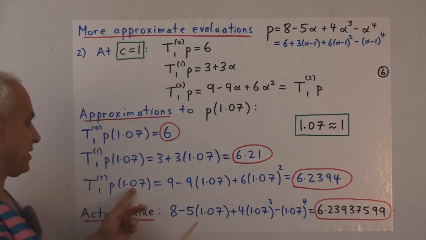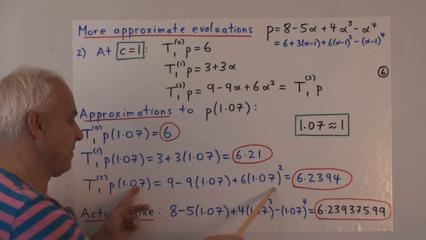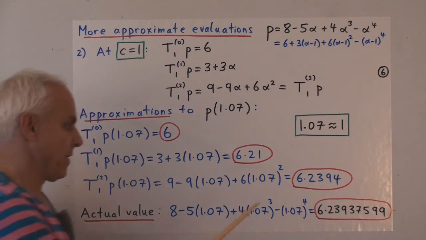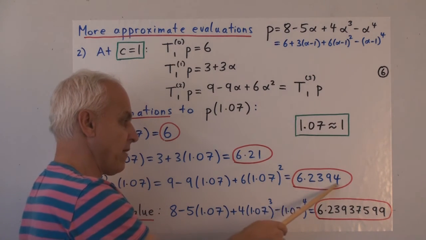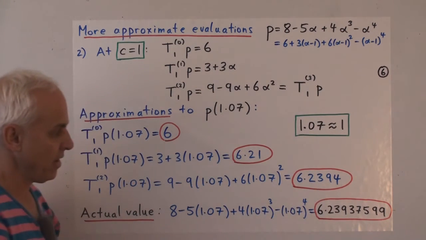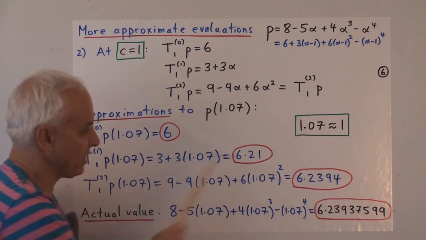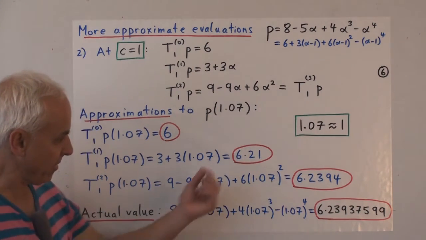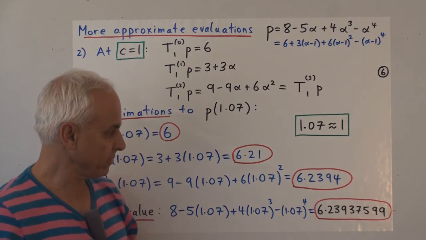When we plug 1.07 into that, we have to make this calculation. Okay, we can do that. We get 6.2394. We have now 4 decimal places. We have more accuracy than we did here. And we see that we're still in the same general ballpark, but it's getting more accurate.